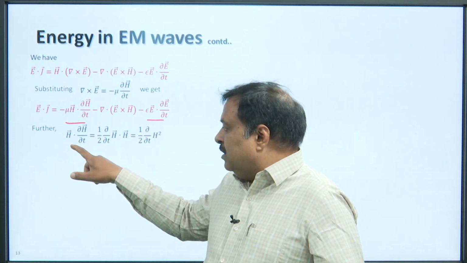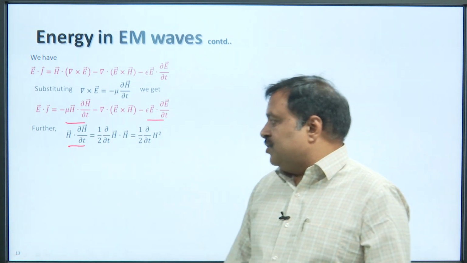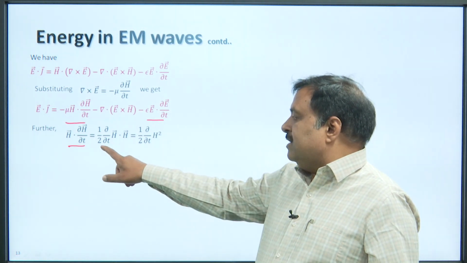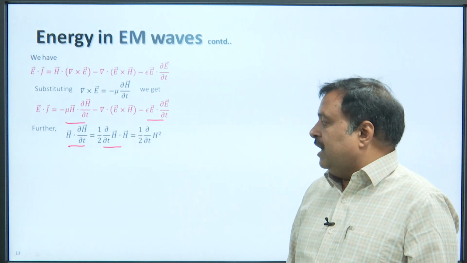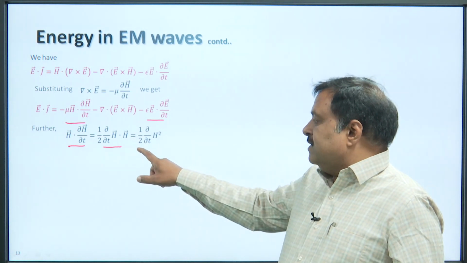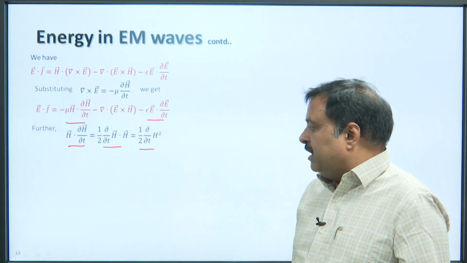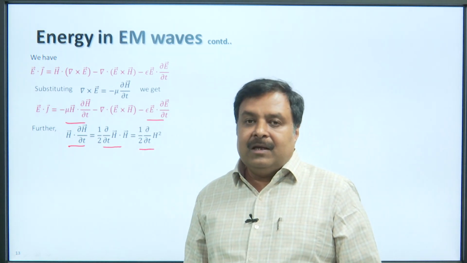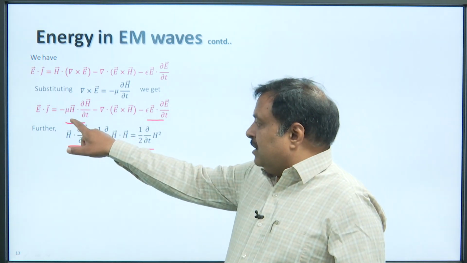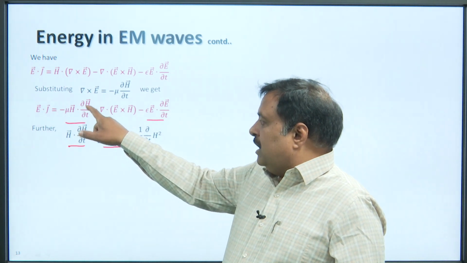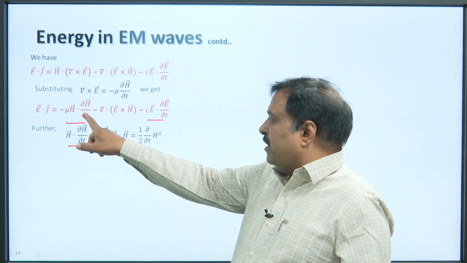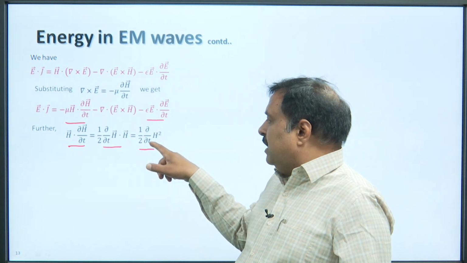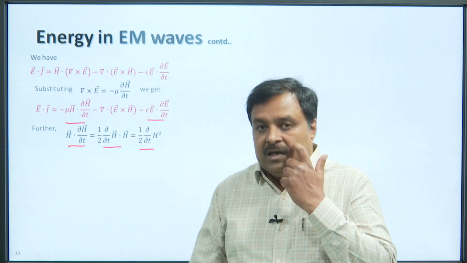So, this H dot delta H by delta t can be written as half delta by delta t H dot H, and this is the same as half delta by delta t H square. So, in this equation you have this H dot delta H by delta t, and this you can write as half delta by delta t of H square.